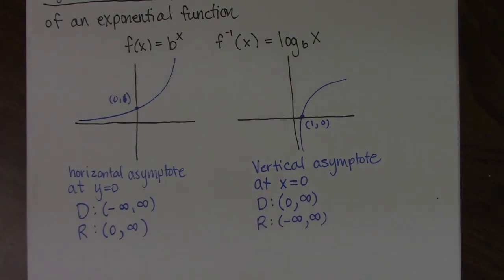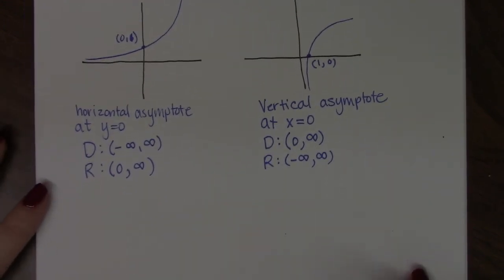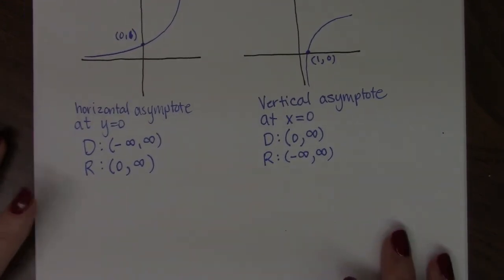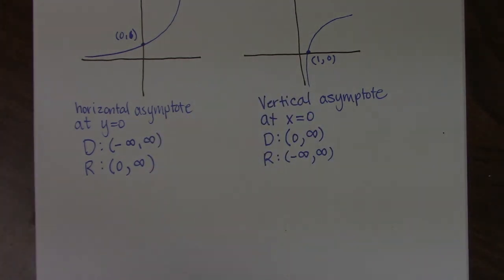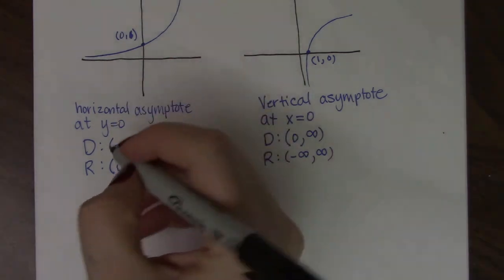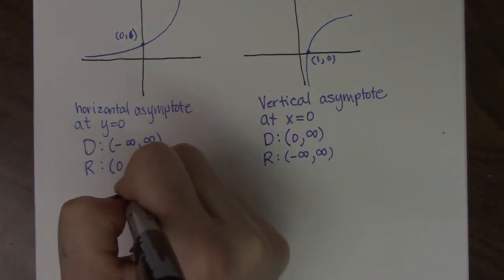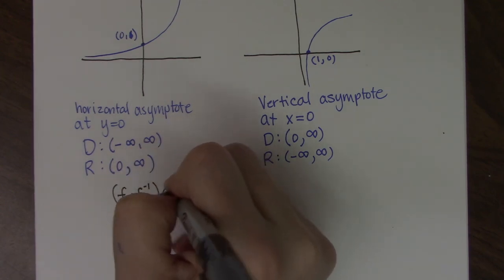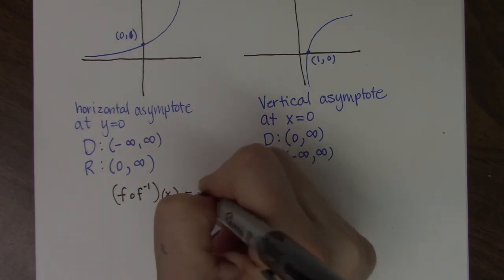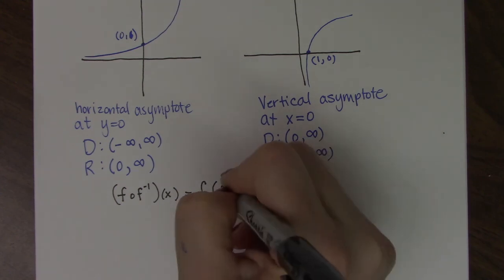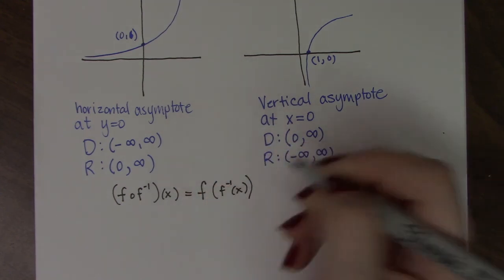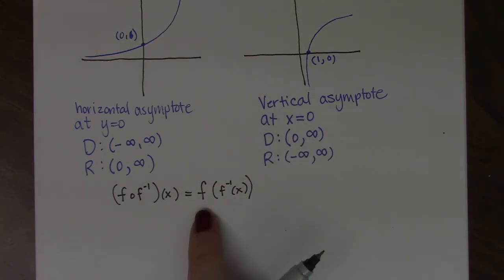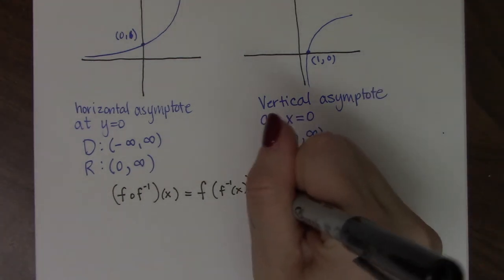So we can use the fact that these graphs are inverses of each other to now introduce a new property of inverses. So this says if two functions are the inverse of each other, then if I compose f with its inverse, that means take the function f inverse and plug it inside of the original function f.